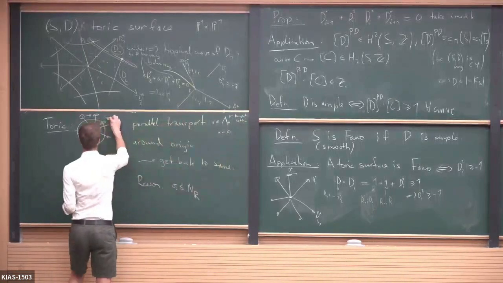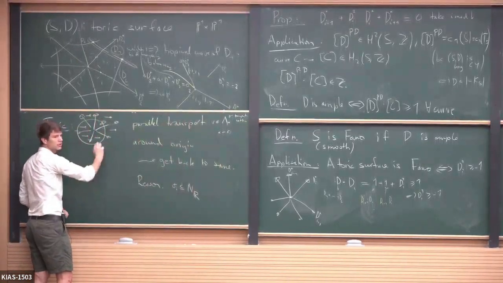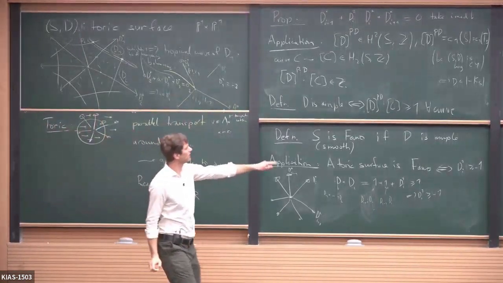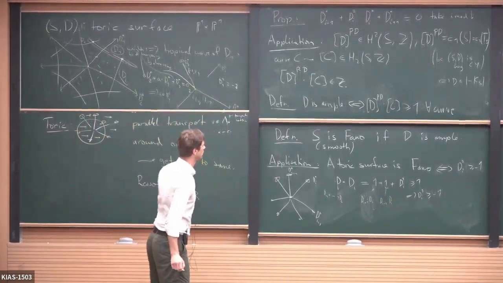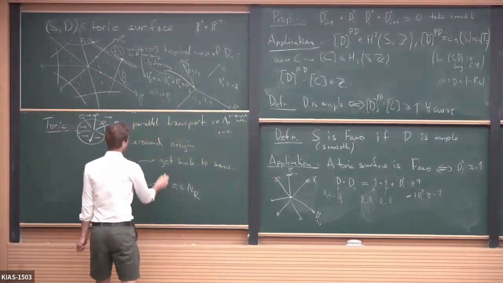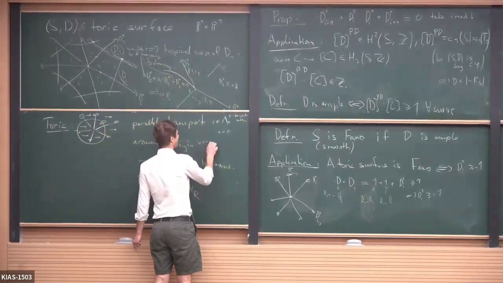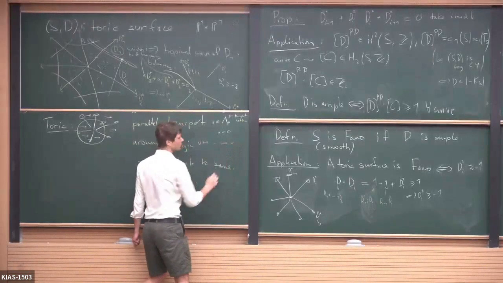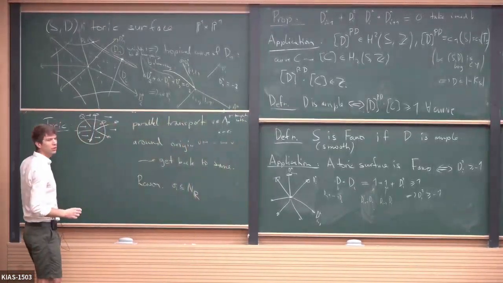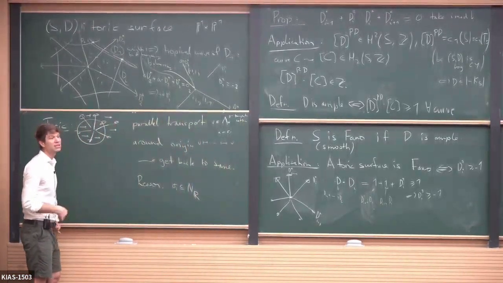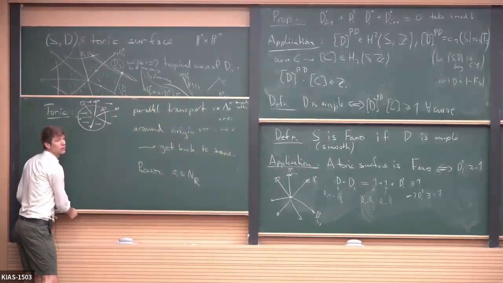And then you move it to the next cone, etc., using the definition I just gave you. And as you come back, V goes through all the cones and comes back to V, if you move around the origin. But this is not going to be the case in general.